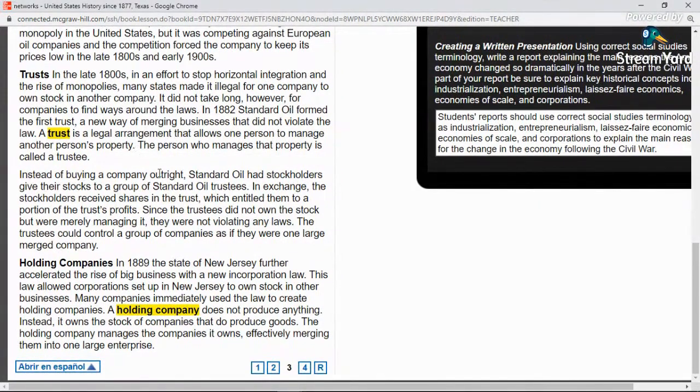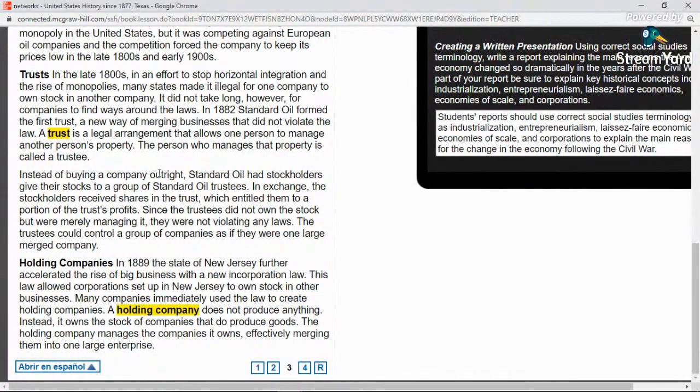A trust is an agreement that allows one person to manage another person's property. The person who managed the property is called a trustee. So I don't have to buy your company. Okay. You can just give me stocks. Okay. And to my trustees, and we'll kind of control your company, but I'm not going to buy it.